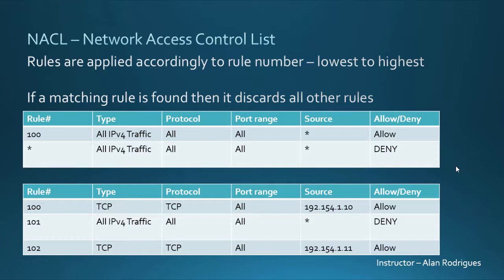Even though we have an allow rule, since it comes after the deny rule which matches the traffic from that IP, the traffic will automatically be denied. So the only IP which will have access to our subnet will be 192.154.1.10.